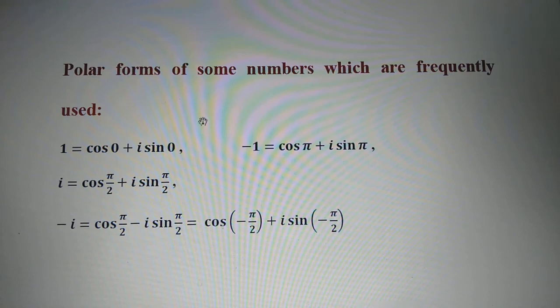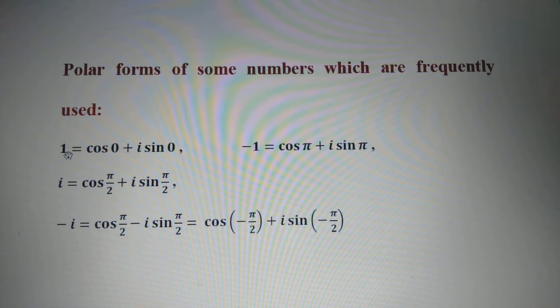Now there are some polar forms which are frequently used. First, how to write 1 in polar form? You know, every real number can be expressed in the form of a complex number. So this 1 can be written as 1 plus i into 0.